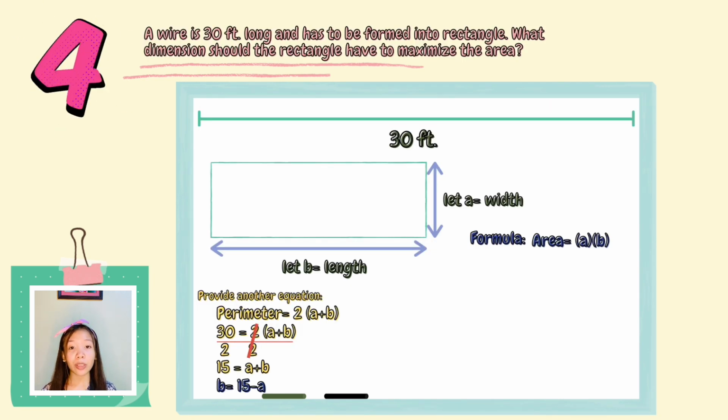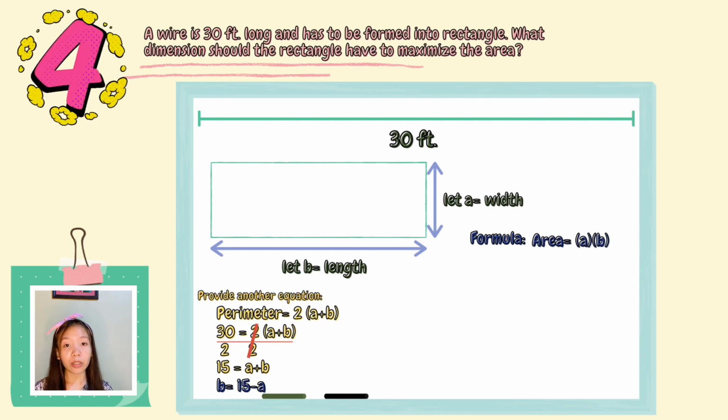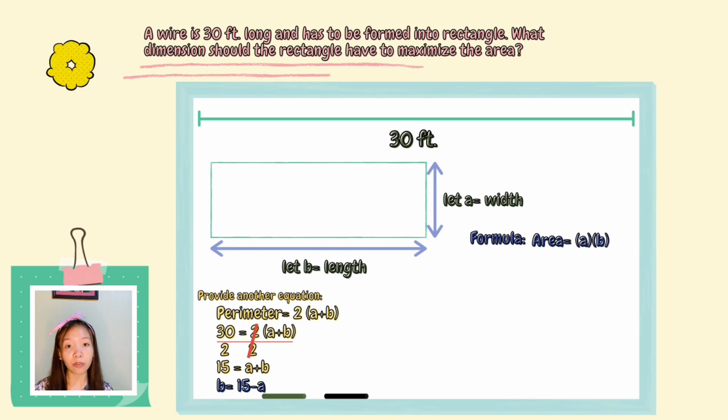So we are looking for the area of the rectangle to be maximized. Therefore, we need the value of our length and our width. Therefore, we will denote our width as A and our length as B. In order for us to have a function of a single variable, we will provide another equation. We will be using a formula for finding the perimeter since we have a 30 feet long wire.